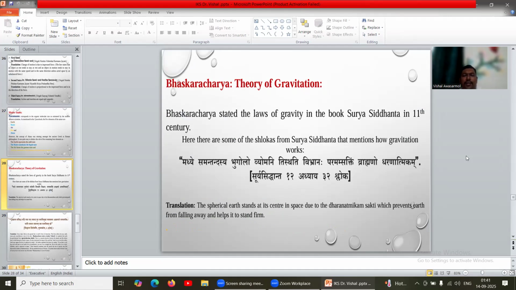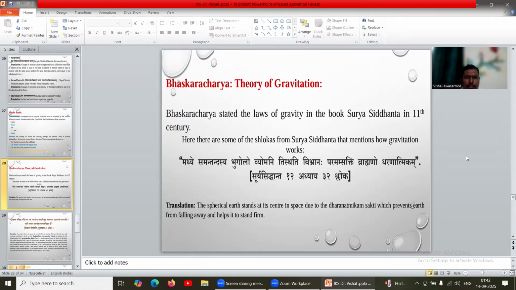Bhaskaracharya stated the laws of gravity in the book Surya Siddhanta in the 11th century. There are some slokas from Surya Siddhanta that mention how gravitation works. Here is this slok.